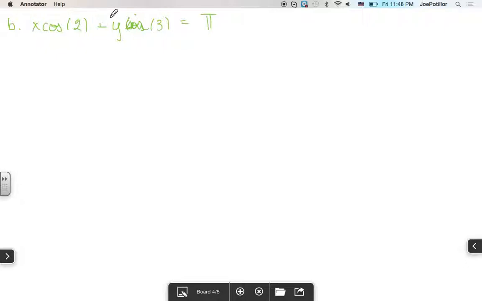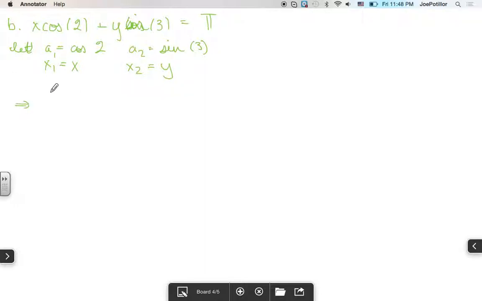So, again, we can treat it, we can let a1 equal cosine of 2. Let a2 equal sine of 3. And of course, x1 equal x, x2 equal y.